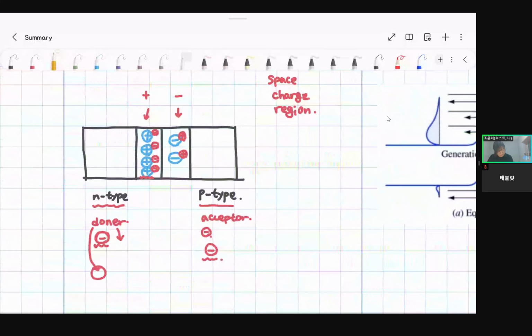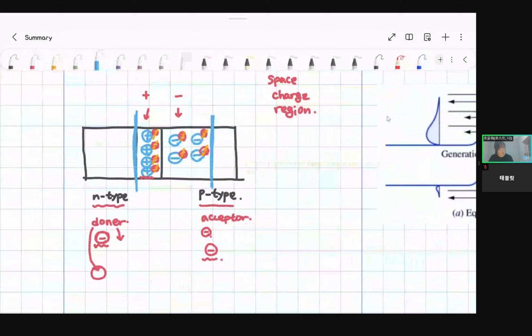But the P-type and N-type are combined like this. Combined and combined, so the depletion region forms like this.